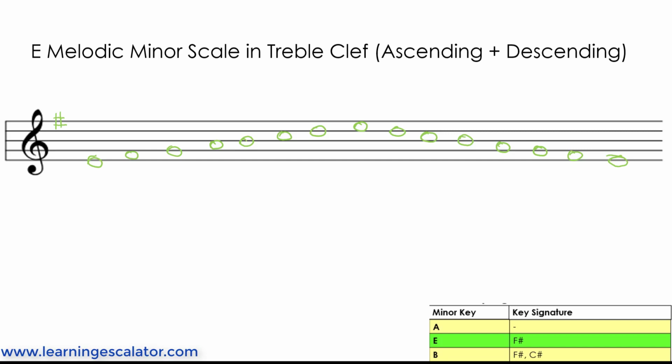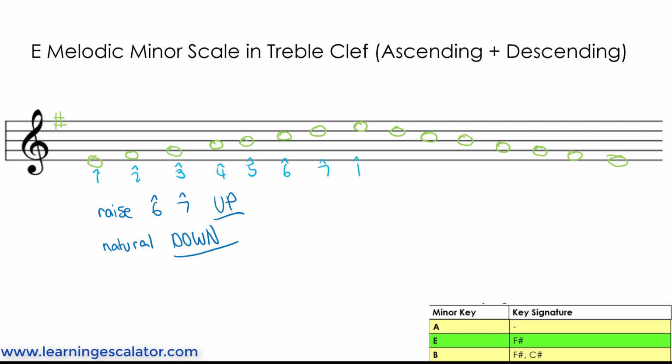Okay, so for the melodic minor, you raise the 6th and 7th going up, and just natural when going down. So the 6th and 7th degree of E melodic minor is, so the 1st degree, 2nd, 3rd, 4th, 5th, 6th, 7th, and 1st again, and then there's 7th, 6th, 5th, 4th, 3rd, 2nd, and 1st degree.